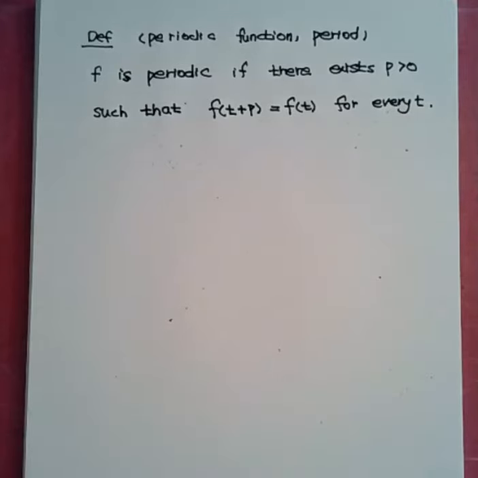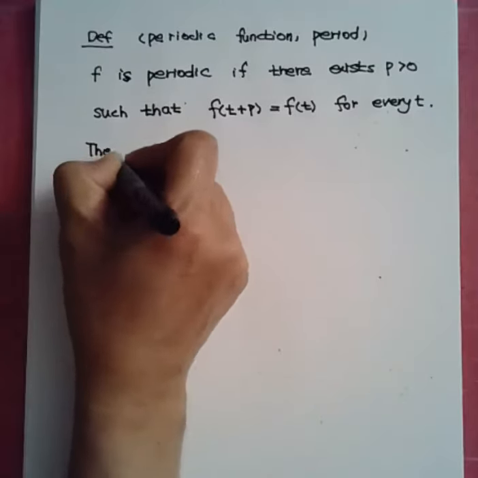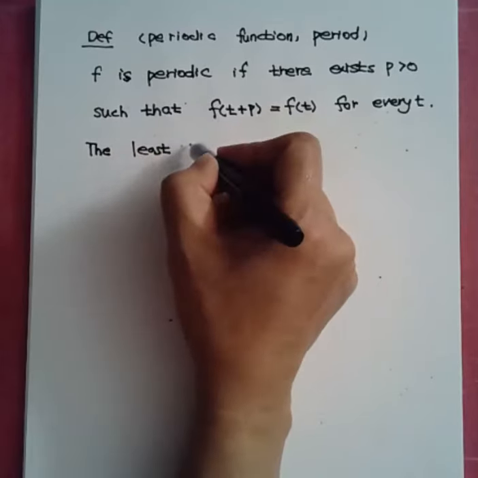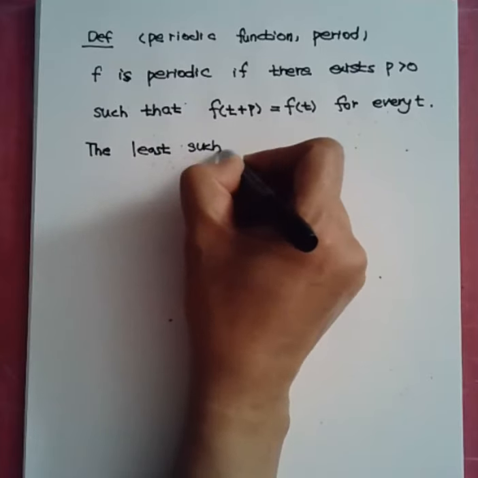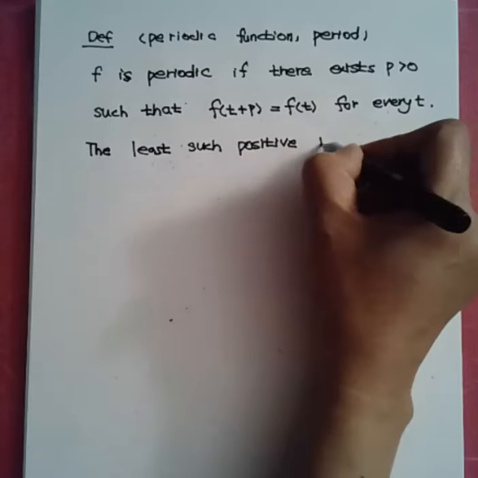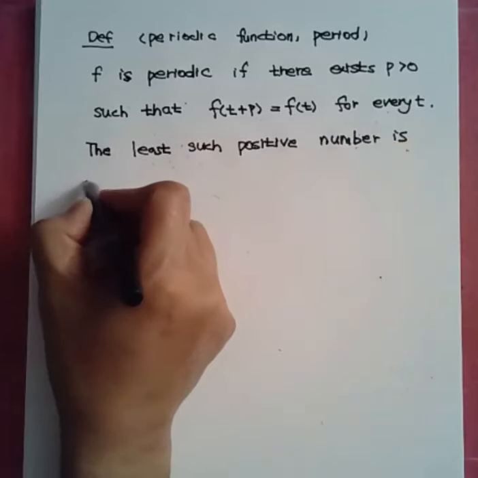That means if the given function is a periodic function, then a certain pattern of the function will be repeated forever. The least such positive number is the period of f.